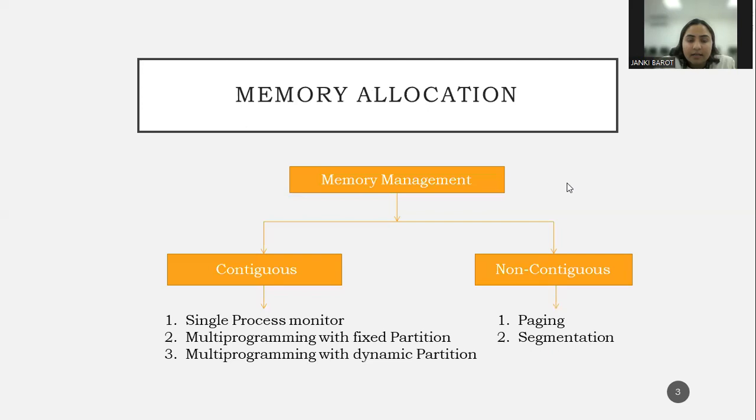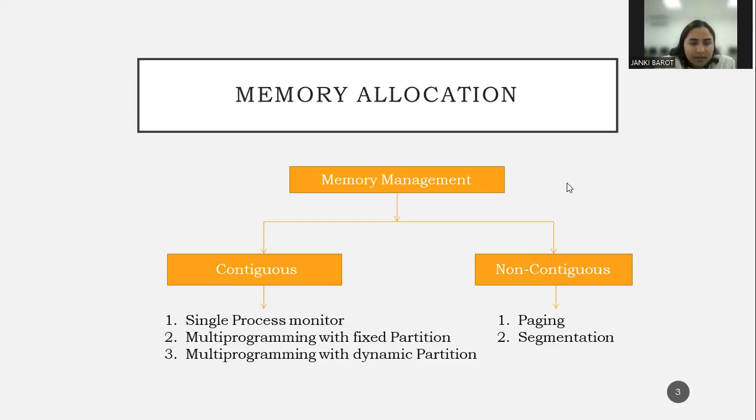As you've seen in the figure, through main memory, the memory manager will allocate the memory based on two techniques. First one is contiguous memory allocation and the second one is non-contiguous memory allocation.